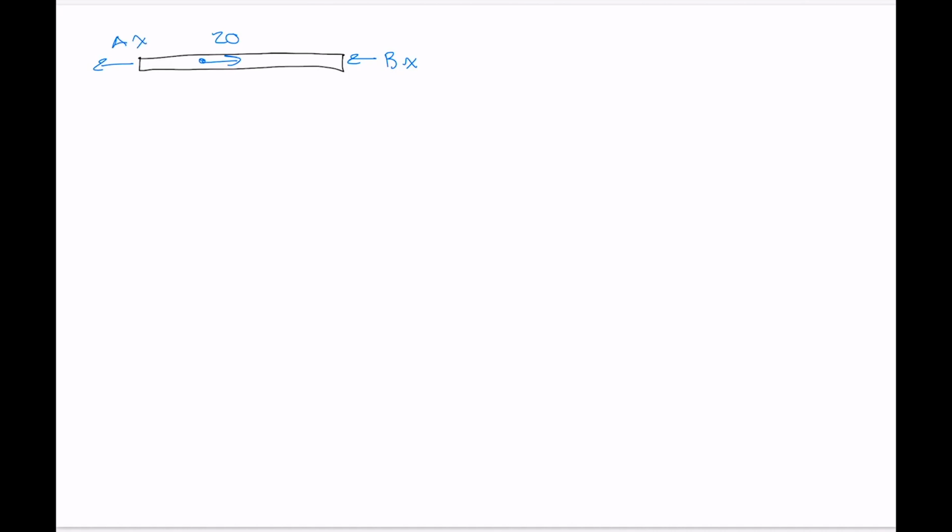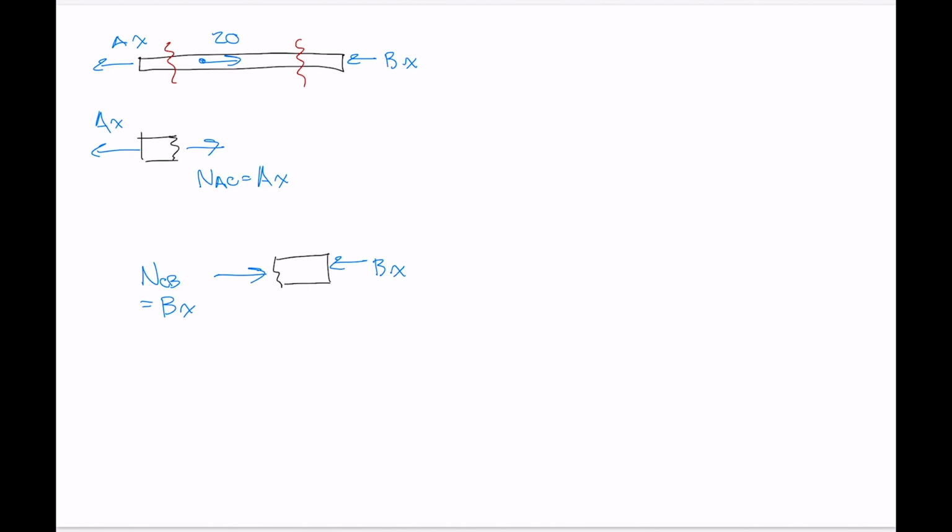We take one section cut through here, where we've got Ax, and N AC has to be equal to Ax. Then our next section cut through that portion reveals the internal normal force in segment CB. We've got Bx, and then we must have a normal force to balance that, so that's N CB, and it has to be equal in magnitude to Bx.